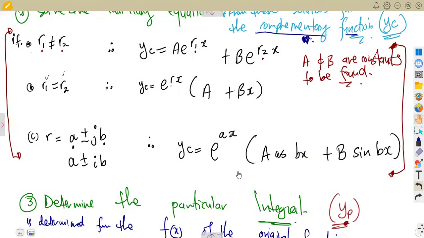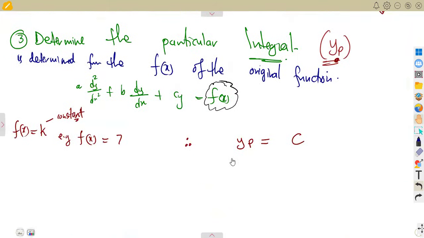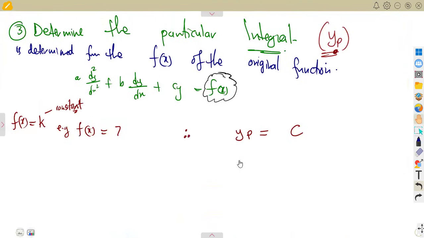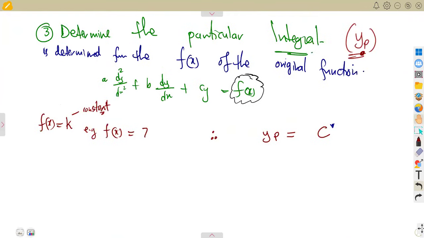We have to continue from a and b, so we are going to start at c. If we have used a, b, and c, then yp would be the next constant, which is d. That is what I'm simply trying to say. So this was our first condition, when f of x is a constant.